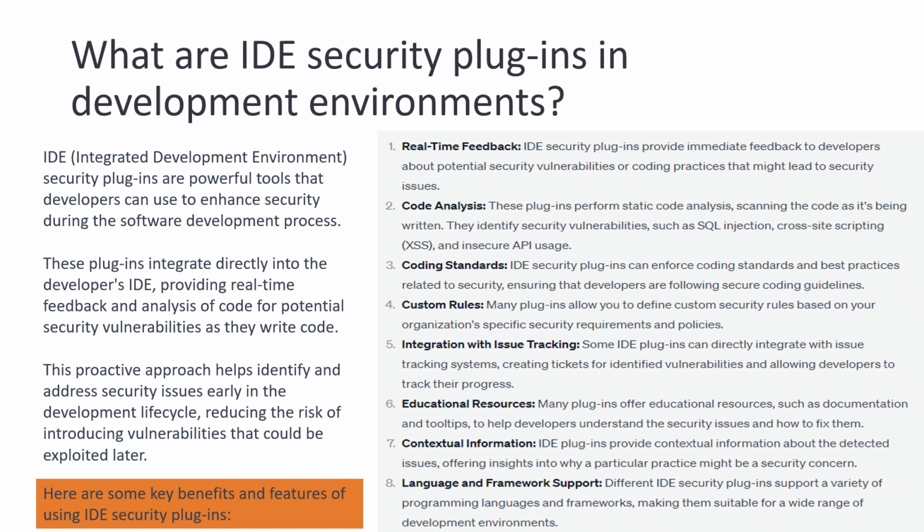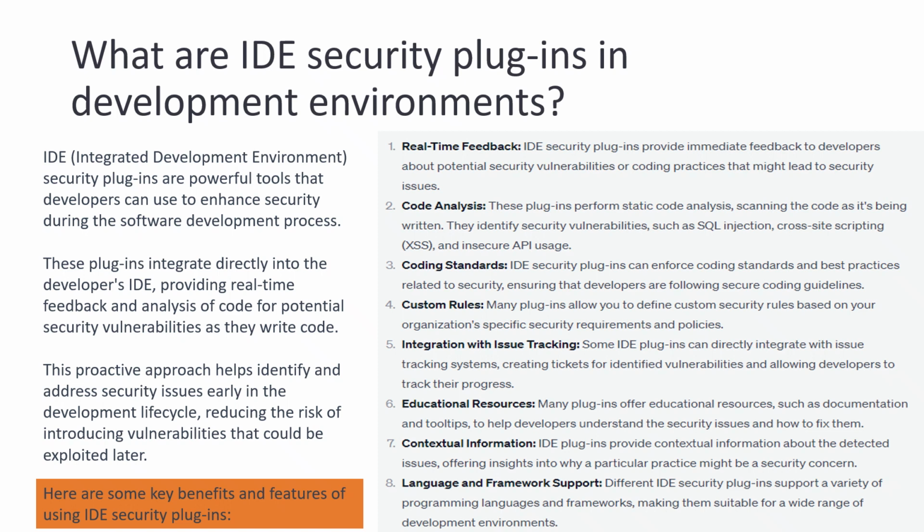These plugins integrate directly into the developer's IDE, providing real-time feedback and analysis of code for potential security vulnerabilities as they write code. This proactive approach helps identify and address security issues early in the development lifecycle, reducing the risk of introducing vulnerabilities that could be exploited later.